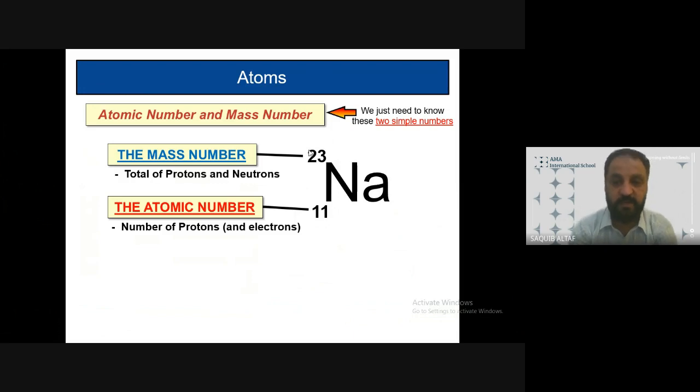That's why the overall atom is neutral. For example, in sodium there are 11 protons, so plus 11, and 11 electrons, minus 11. Plus 11 minus 11 is 0, so sodium has no overall charge.